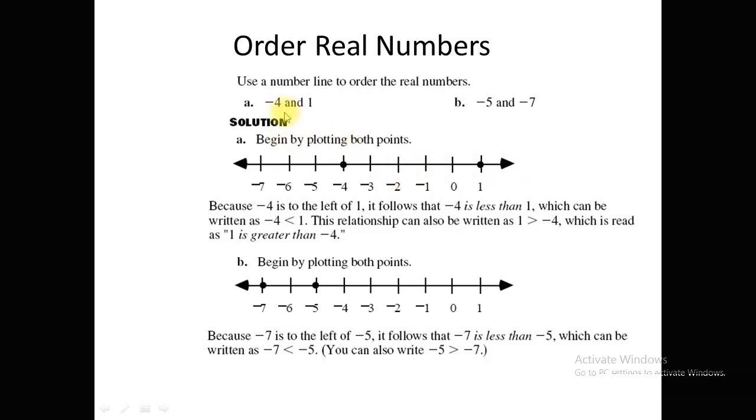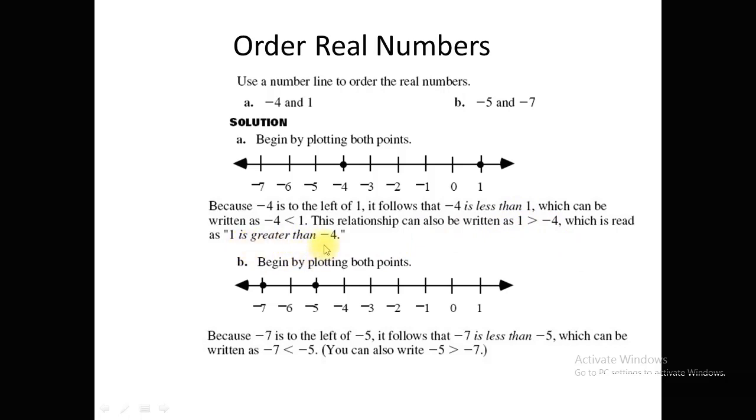Since in the first example we have minus 4 and 1, this point represents minus 4 and this point represents 1. Because minus 4 is to the left of 1, it follows that minus 4 is less than 1. This relationship can also be written as 1 is greater than minus 4.